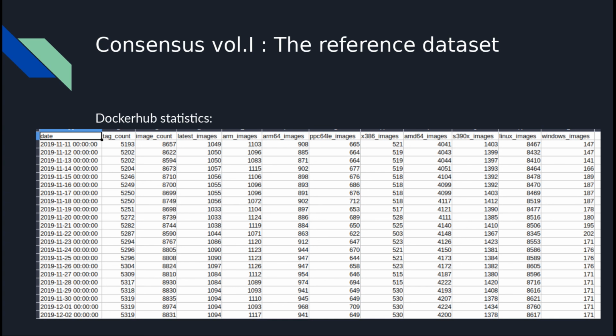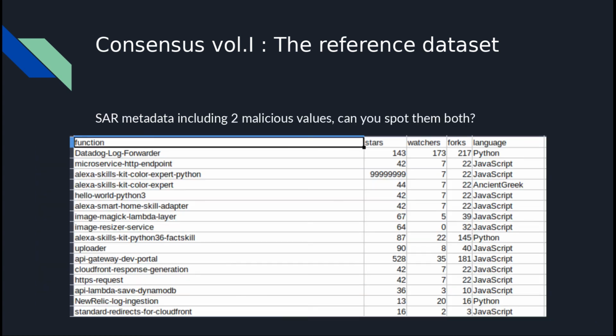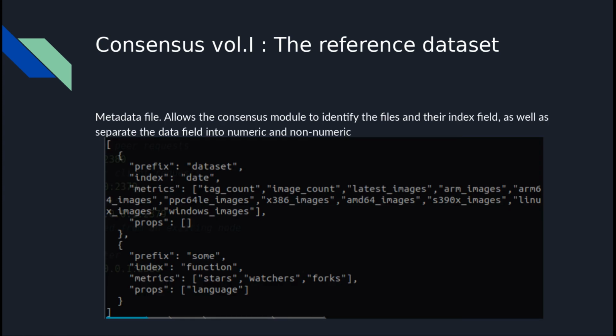This is a time series where we have collected this data over several days, now using Docker Hub, or alternatively the serverless application repository, with the 2 malicious values in the stars column and in the language column. We would like the consensus mechanism to find those discrepancies automatically. And this is the raw syntax format of the observations which are fed as input into the consensus algorithm.